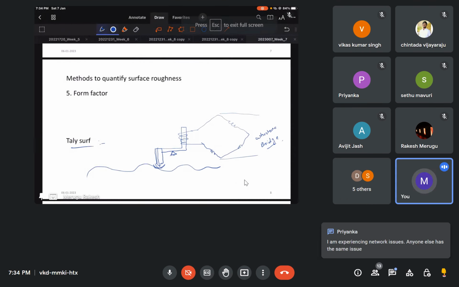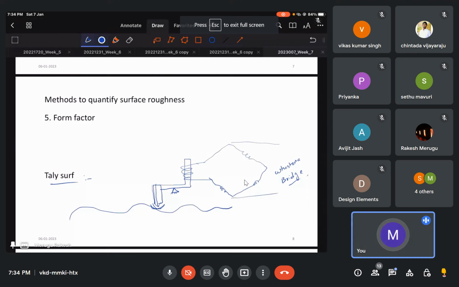I think the network issues are from my side. So there were some network issues. I'm just explaining this Talysurf very quickly. So this is the actual diagram. We will have a skid here in order to protect the probe. This is the probe, and we have a fulcrum here, and accordingly when you move this Talysurf, we will have a movement here and here, which changes the voltage generated in this circuit, that is the Wheatstone bridge, and we will correlate this with the surface measurement.